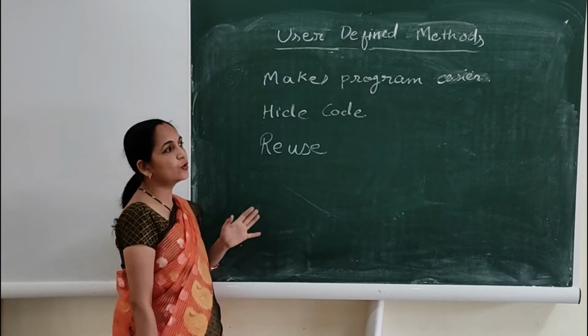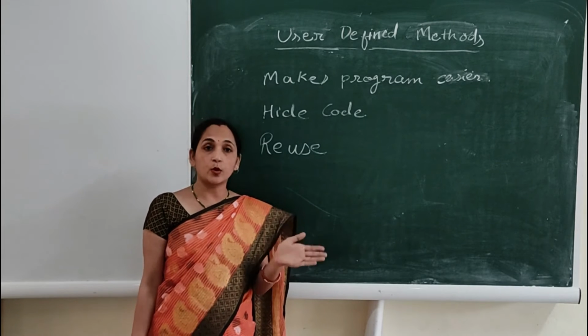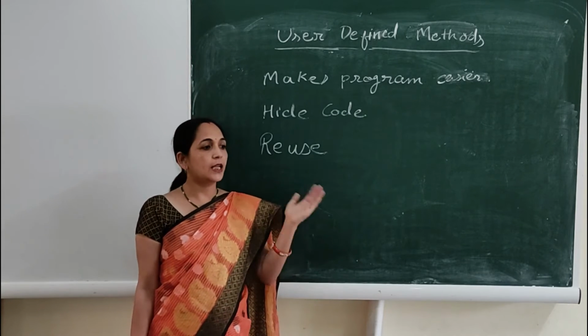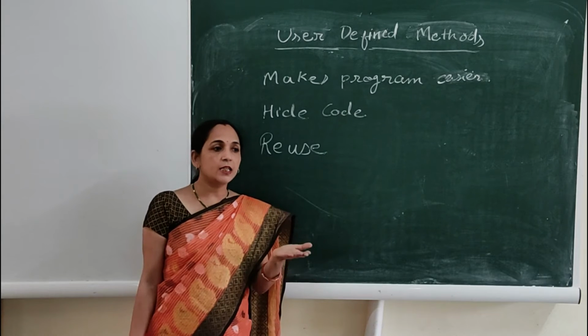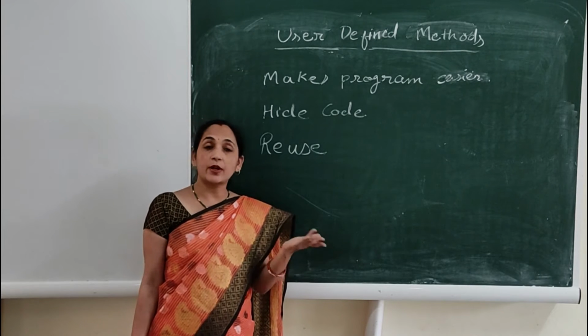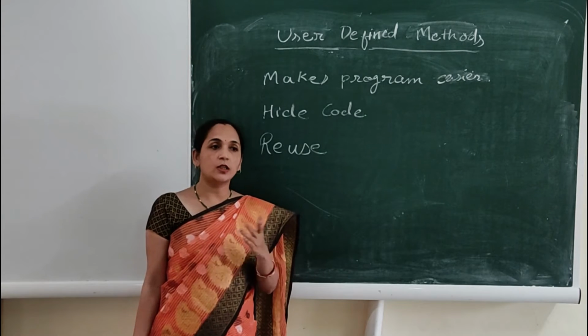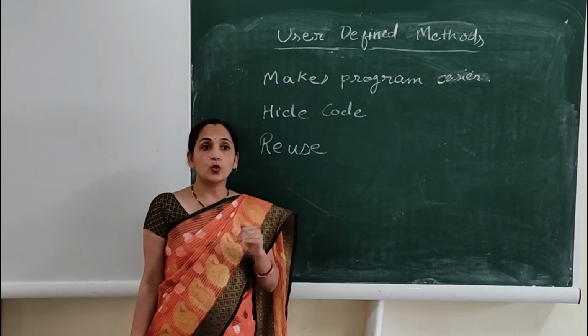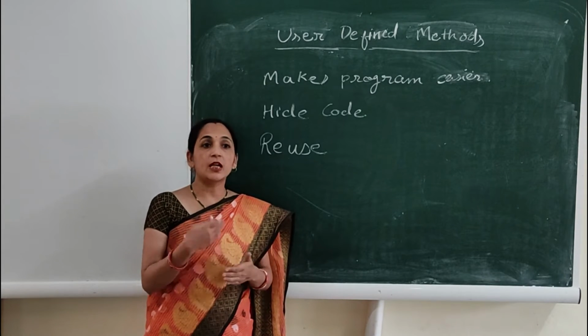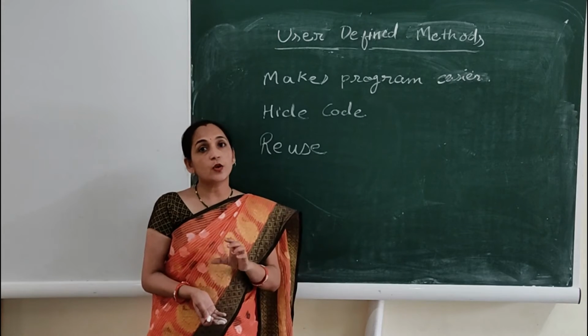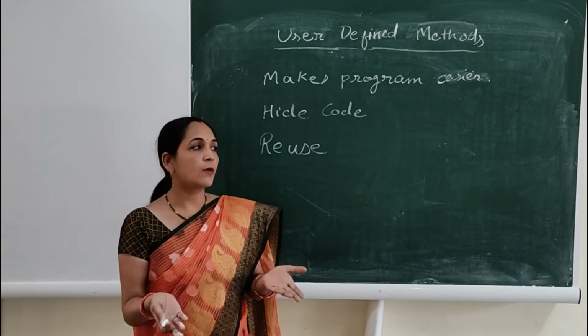Suppose I told you to create a program which adds two numbers, then identifies the maximum number. Then again you have to subtract two numbers, then find the largest number among those. Then perform addition, multiplication and division, and then also search which number is greater.